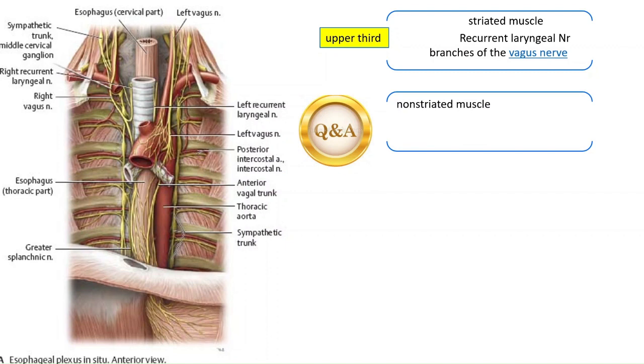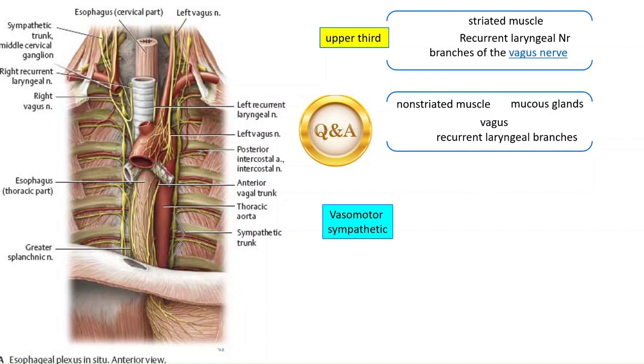Then, in the middle third, it is non-striated muscle, smooth muscle, and there are mucous glands as well, and the nerve supply comes from the vagus through recurrent laryngeal branches, because it is still within the reach of recurrent laryngeal nerves.